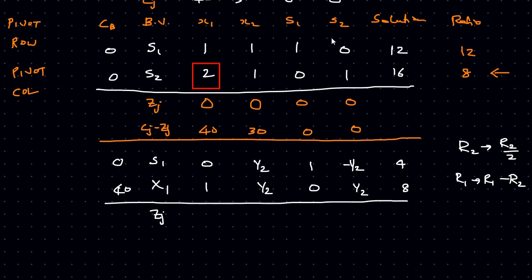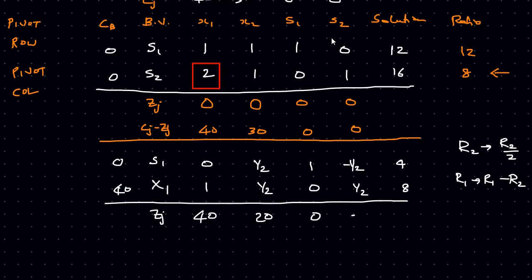Here it will be 0 into 0 plus 40 into 1, that will be 40, and here 0 into half plus 40 into half, that becomes 20. Here 0 plus 0, 0, and here 0 into minus half plus 40 into half, so that will be 20.